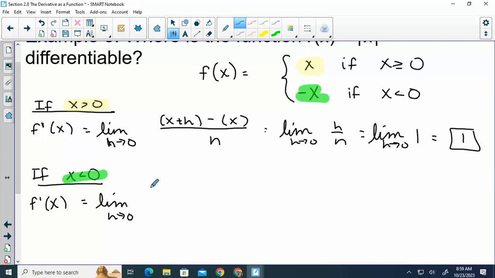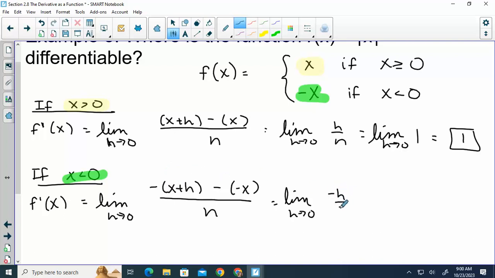F of x plus h, that would be the opposite of x plus h, minus f of x would be the opposite of x, all over h. And if you put in your negatives, so you'd have negative x minus h plus x, so the x's drop. Negative h divided by h is negative 1. So this is equal to a negative 1.